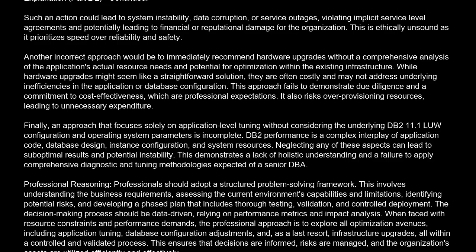When faced with resource constraints and performance demands, the professional approach is to explore all optimization avenues, including application tuning, database configuration adjustments, and, as a last resort, infrastructure upgrades, all within a controlled and validated process. This ensures that decisions are informed, risks are managed, and the organization's assets are utilized efficiently and effectively.